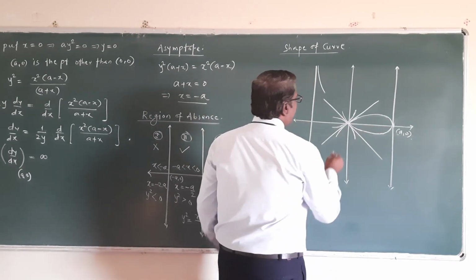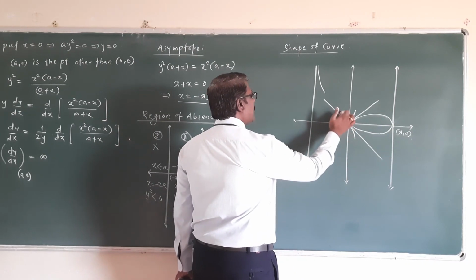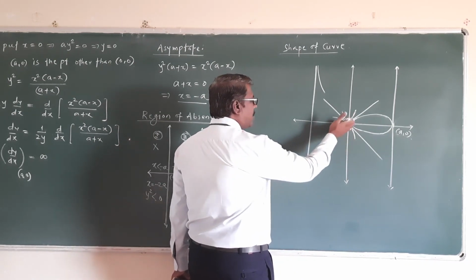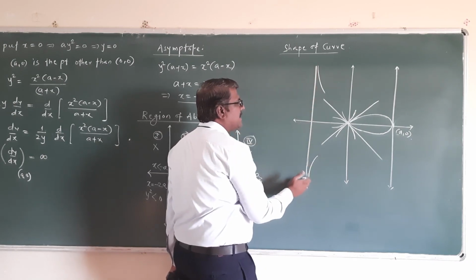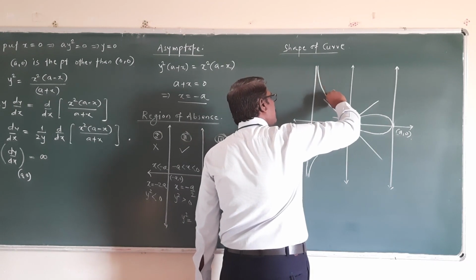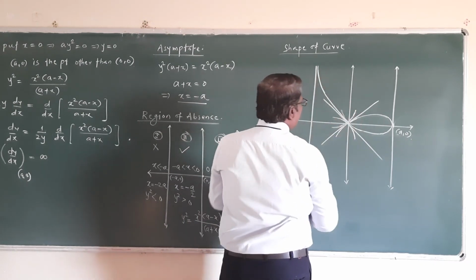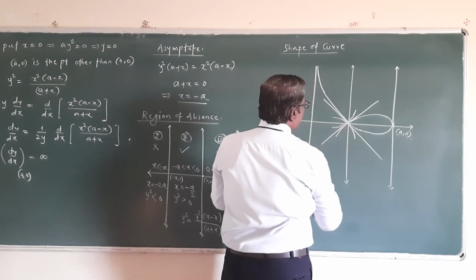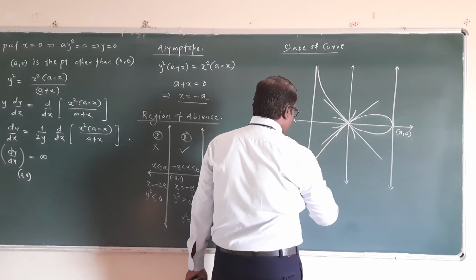Here on this side there is no curve, but this part of the curve and this part of the curve will have to extend, because this line is acting as the asymptote, and therefore I will draw the asymptote like this. Similarly on this side also. So here I can join these two parts of the curve.